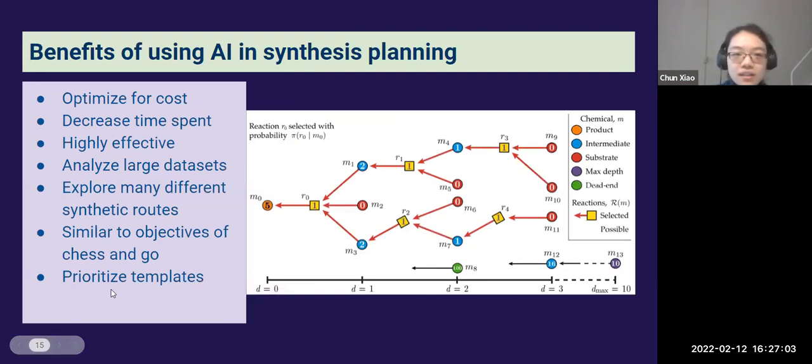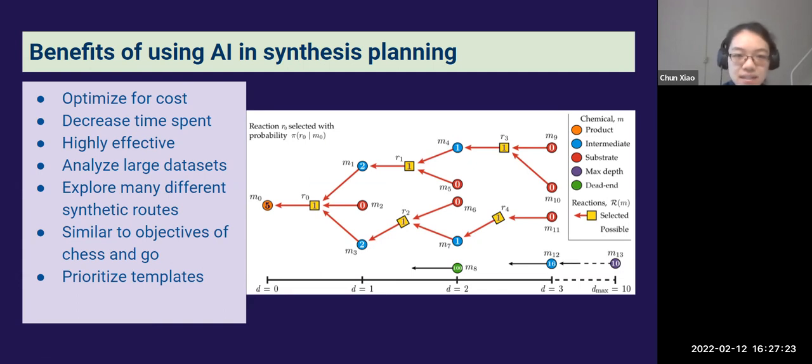So here are some benefits of using artificial intelligence in synthesis planning. You can optimize for cost, which, as I mentioned, is a very important aspect, because research and development of drugs takes a lot of money, and that's why drugs are so expensive.